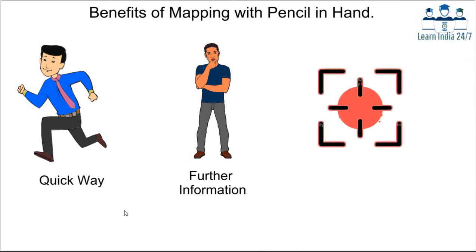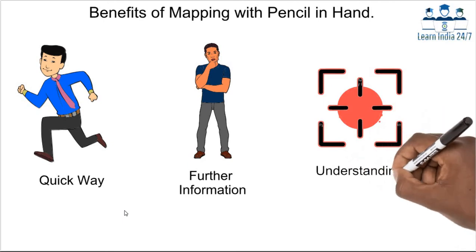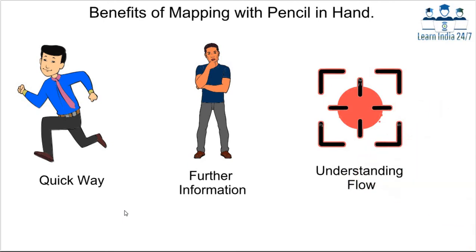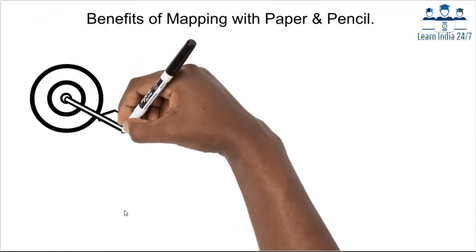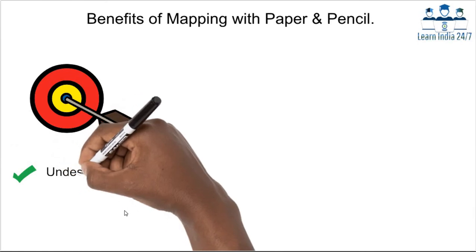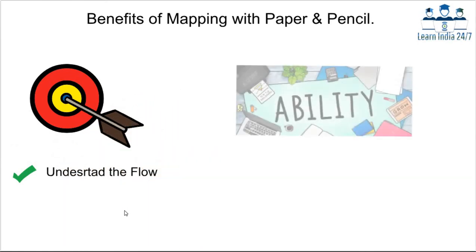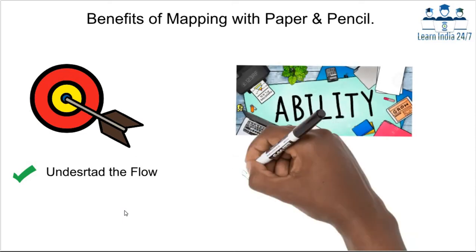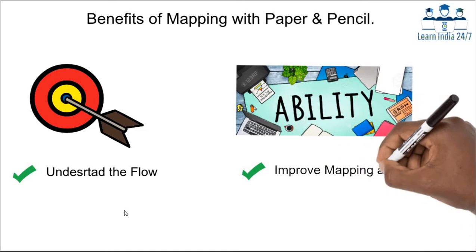You will focus on understanding the flow rather than how to create it on a computer. The objective of value stream mapping is not a map, but understanding the flow. By drawing with pencil in hand, you improve your mapping ability.